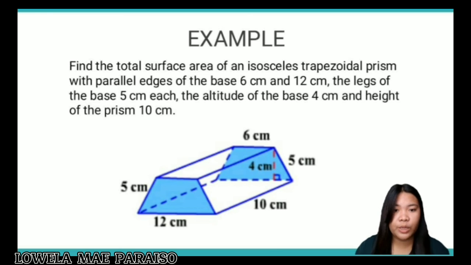B is equal to 1/2 times 4 times 6 plus 12 is equal to 36 centimeters squared. TSA is equal to PH plus 2B is equal to 28 multiplied by 10 plus 2 multiplied by 36 is equal to 280 plus 72. So, we need to add the 280 plus 72. So, the answer is 352 centimeters squared.